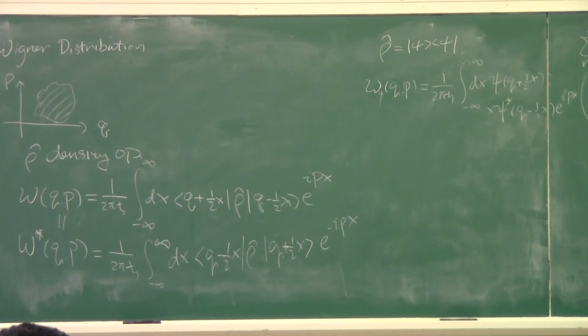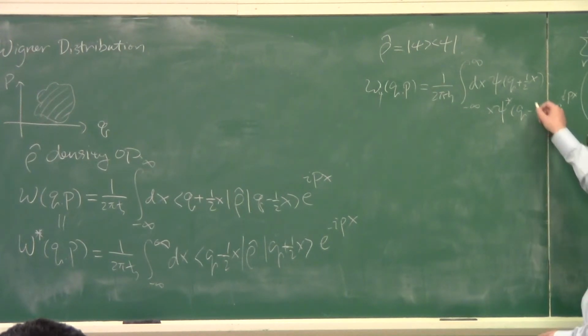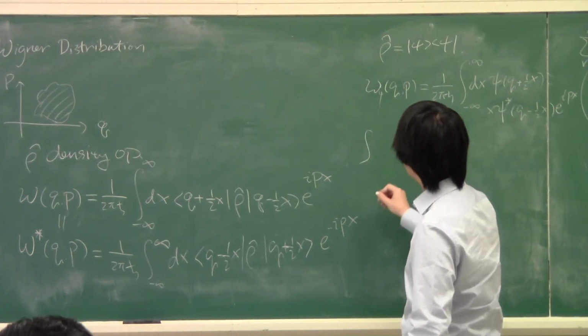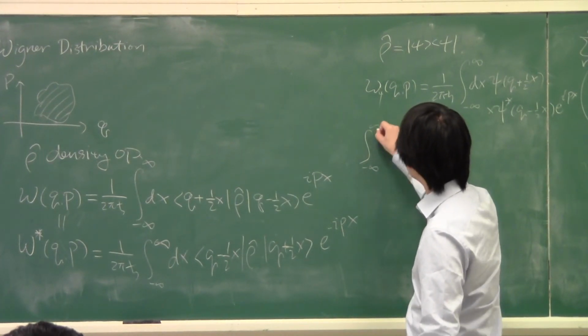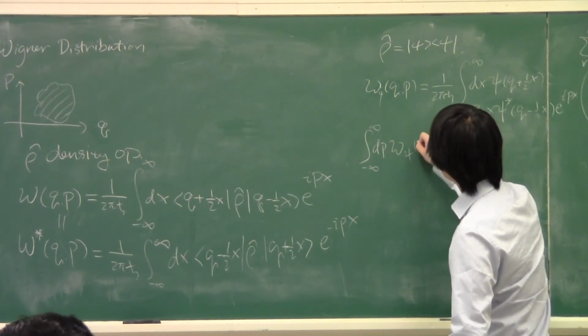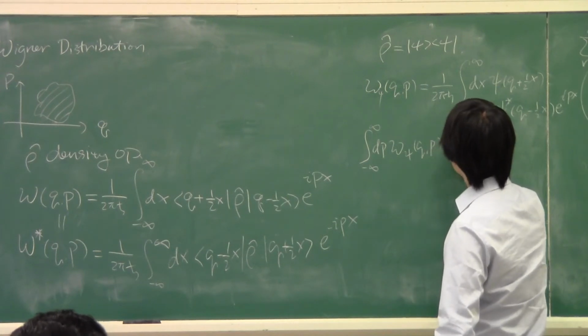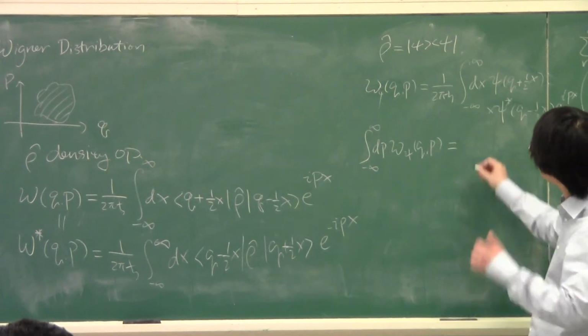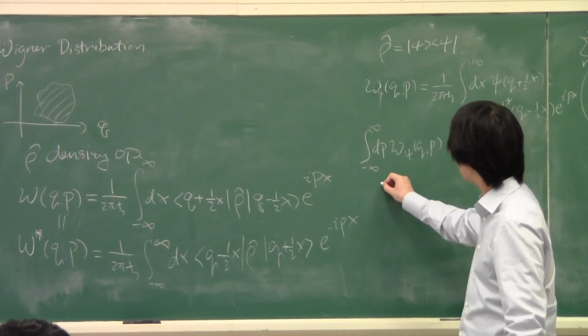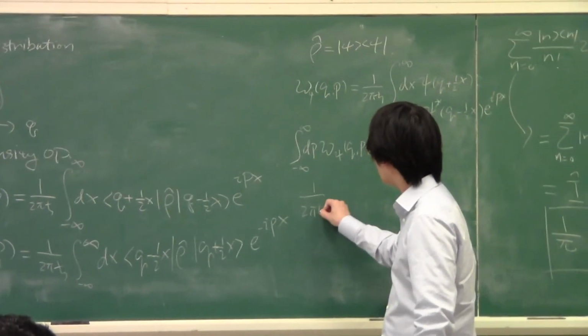What happens now is that the x integral is going to give you a delta function, and we can use that to remove these x's. Basically, if I integrate this from minus infinity to infinity dp on this side, this is equal to, let me write it over here because we're running out of space, 1 over 2 pi h bar.